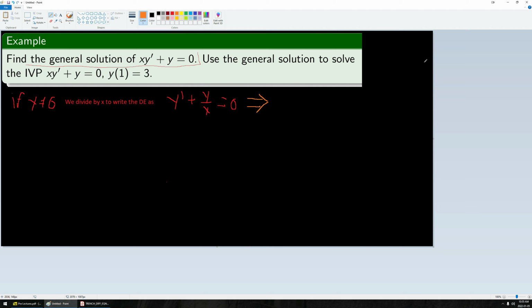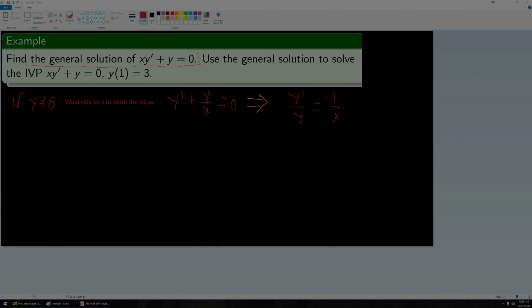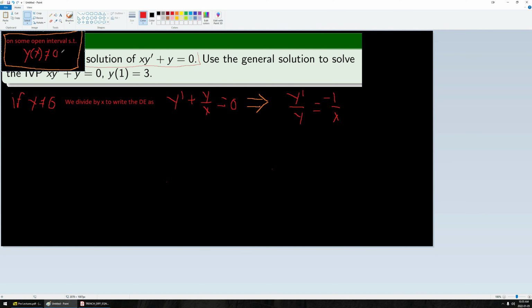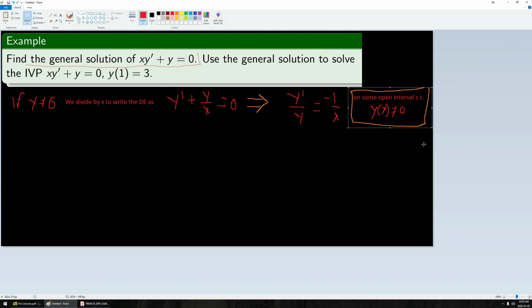That means that on some open interval, y of x will not be equal to 0. So on that interval, this whole thing implies that y prime all divided by y is equal to minus 1 over x. Again, divide by y, subtract off the 1 over x. But remember, this is only true on the interval, or an interval, such that y of x is not equal to 0.